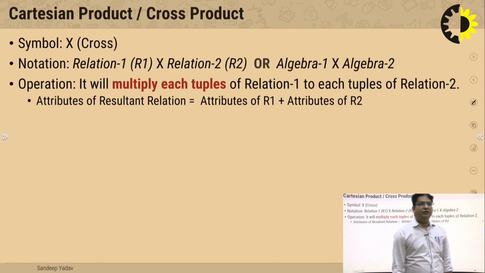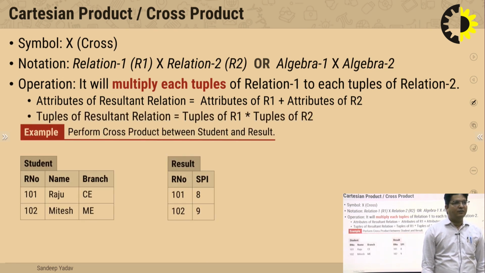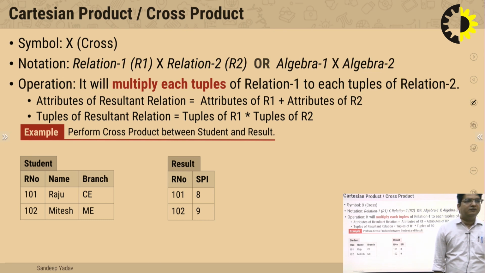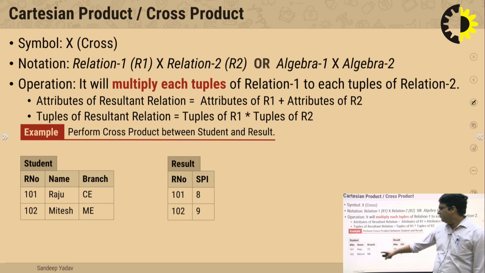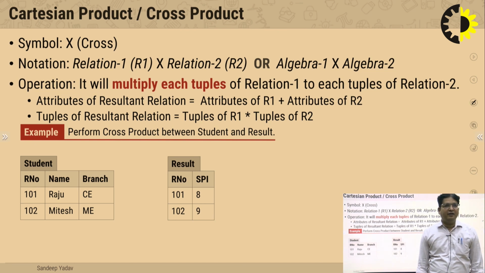The attributes of relation 1 plus the attributes of relation 2. And how many tuples will be there? The tuples of relation 1 multiplied by the tuples of relation 2, that is 2 into 2 is 4. That is, if there are m tuples in relation R1 and n tuples in relation R2, then the total number of tuples will be m cross n.